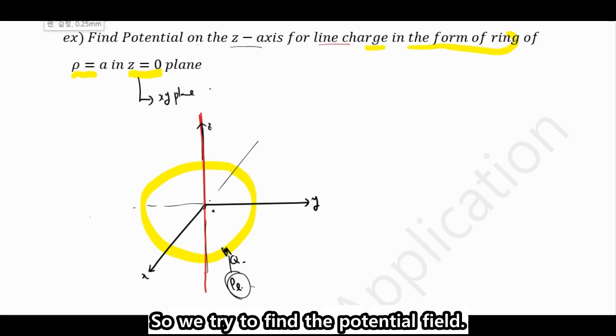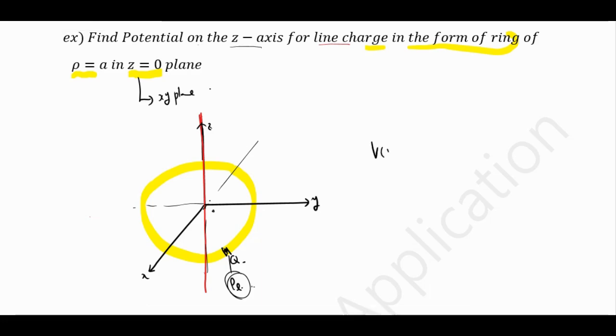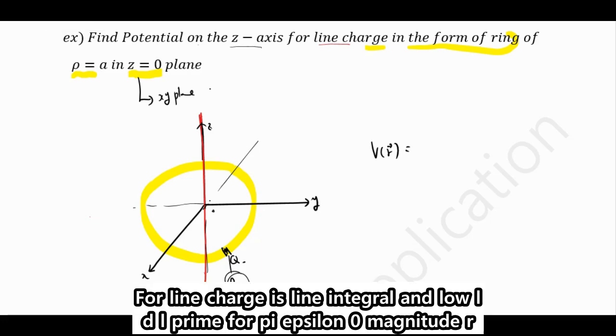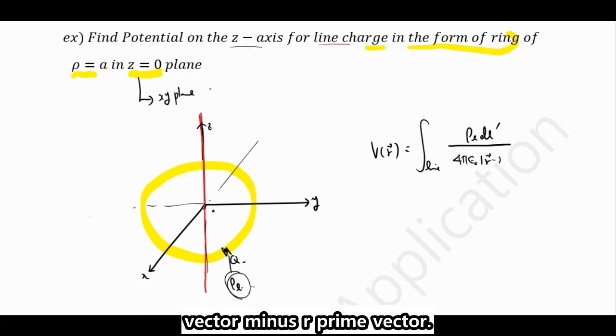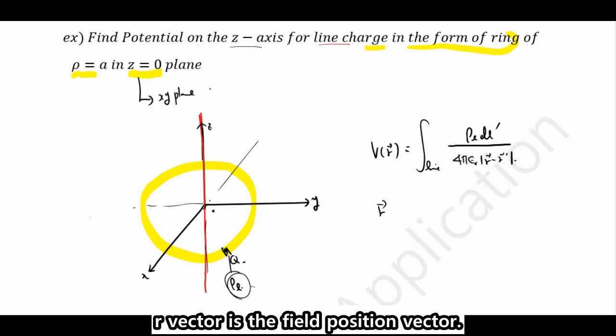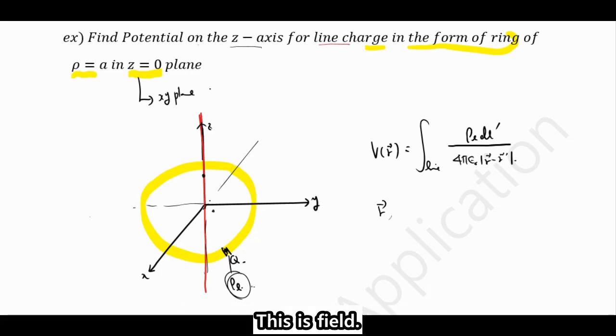So we try to find the potential field for line charge, which is the line integral of rho l dl prime over 4 pi epsilon 0 magnitude r vector minus r prime vector. R vector is the field position vector. The field is located on the z-axis. This is the field point. R vector is z a z vector.